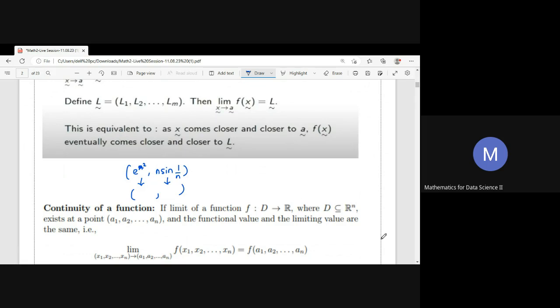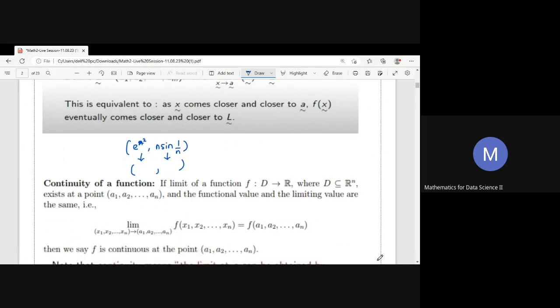And what is the continuity of a function? Am I audible? Yes, ma'am. Okay. So what is continuity of a function? If the limit of a function f from D to R, where D is a subset of R^n, exists at a point (a1, a2, ..., an), and the function value and the limiting value are the same, that is, the limit as x tilde goes to a tilde of f of x tilde is equal to f of a tilde.